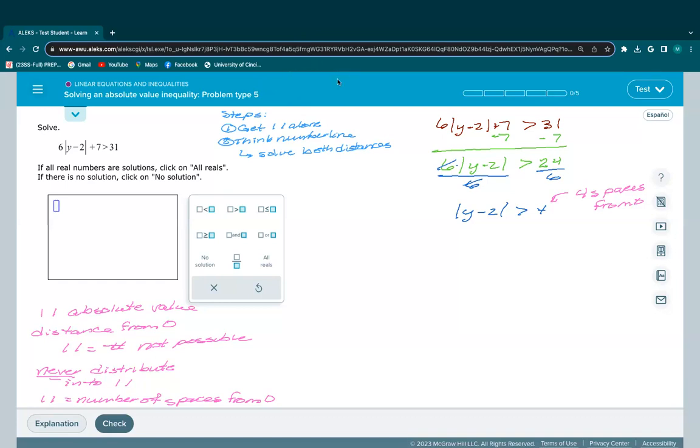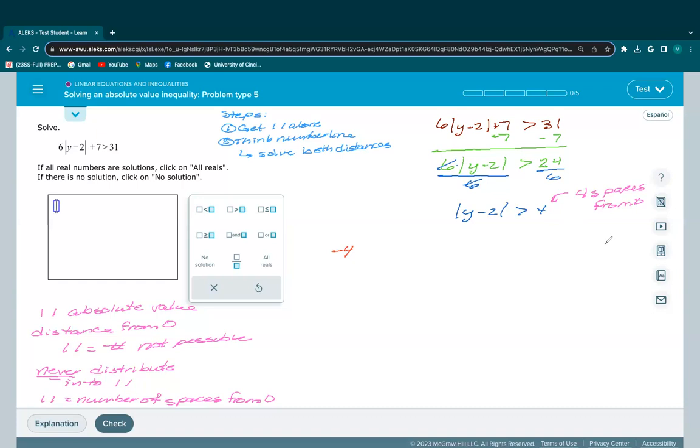I'm going to think of where would I land if I was 4 spaces from 0. So I could be at -4. Now, if I keep it in the order of the number line, for the most part, I can keep the same symbol.